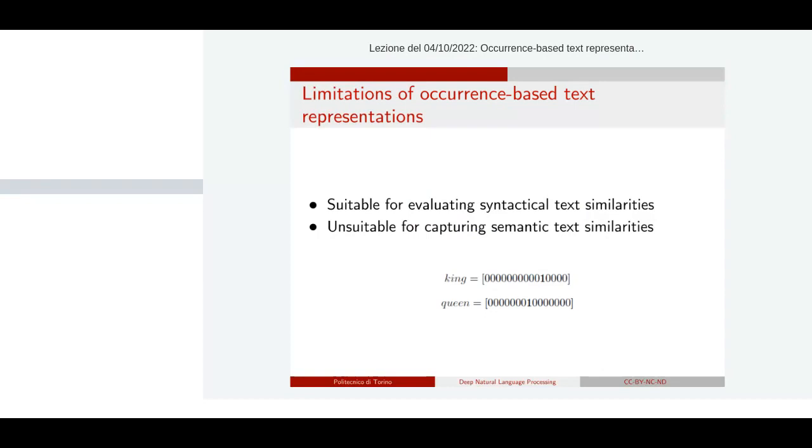So this model is able to put together, or at least close to each other, two words that are semantically related. This will be the key point. We will describe this from next week on, because this is not the occurrence-based approach, but the neural network-based approach.